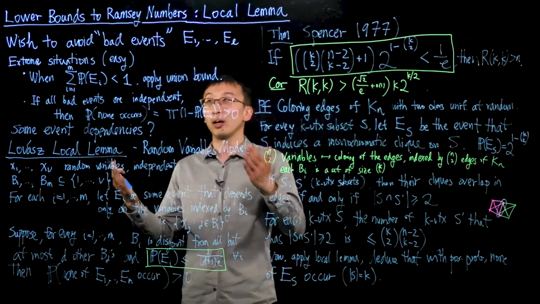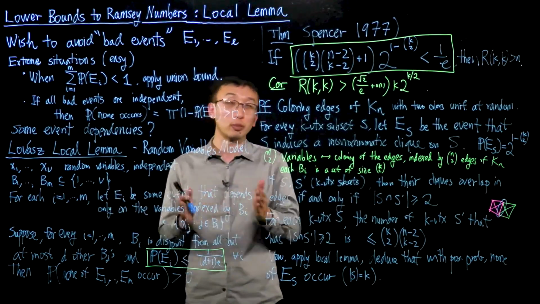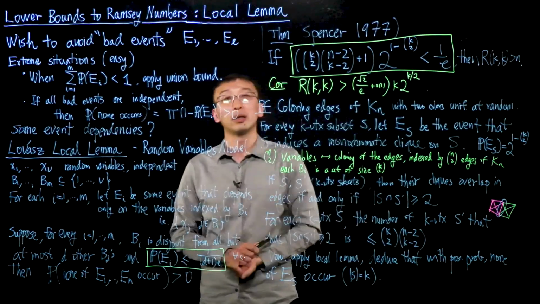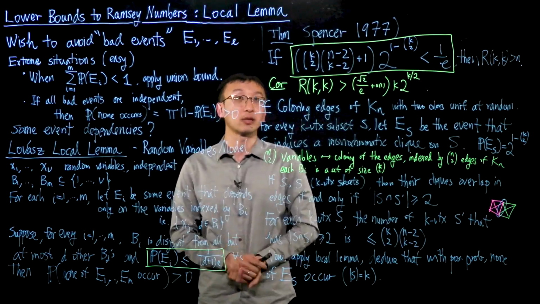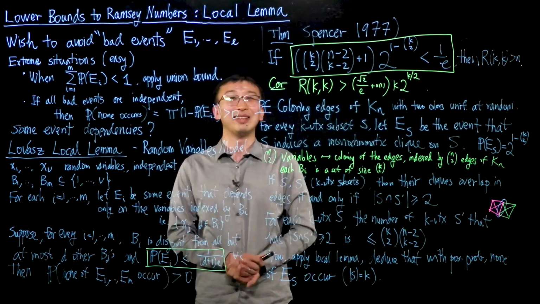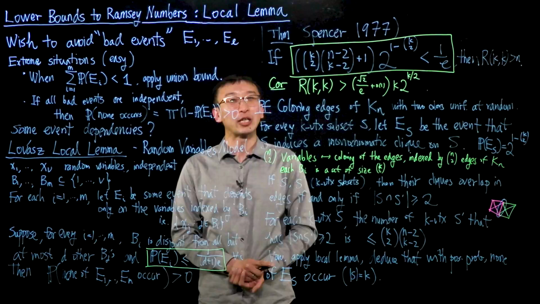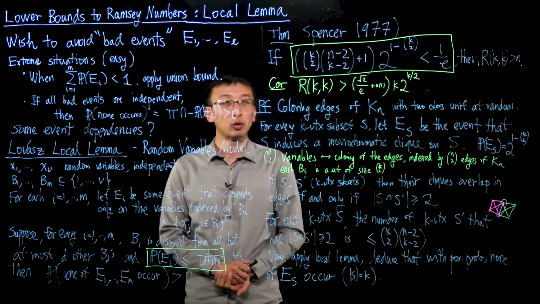And throughout this video, we saw 3 different approaches to lower bounding the diagonal Ramsey numbers, using different ideas from the probabilistic method. It is a powerful method, and it has many beautiful applications to various areas of combinatorics and beyond.